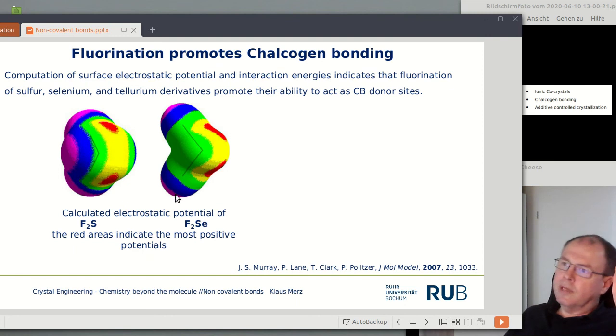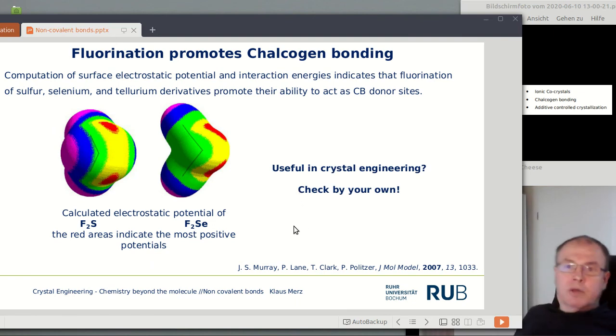With the fluorine atoms here, on the sulfur and selenium, we see the red regions, areas with positive potentials. So we can increase the sigma hole of chalcogen atoms.